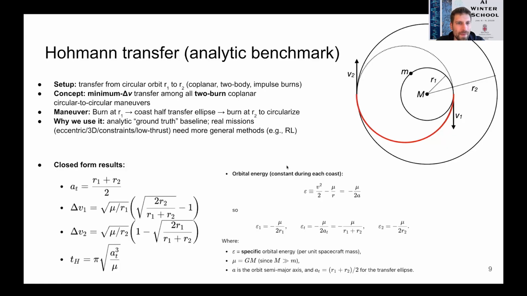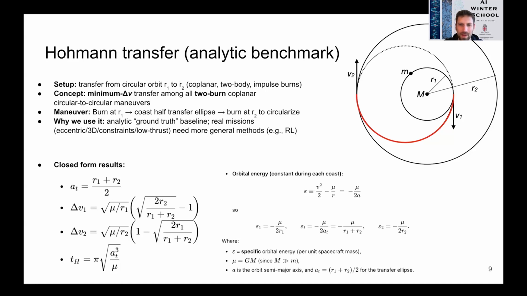The takeaway here is that it is analytically solved. This is a good textbook baseline that we can use to compare our numerical simulated model-based solution to later.